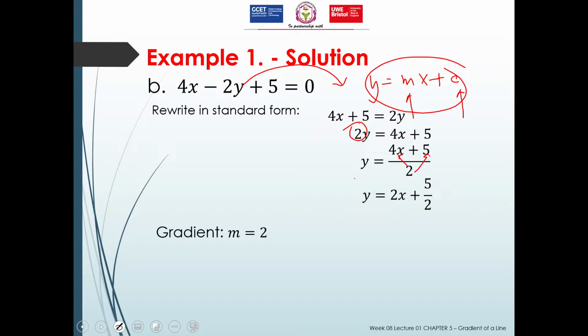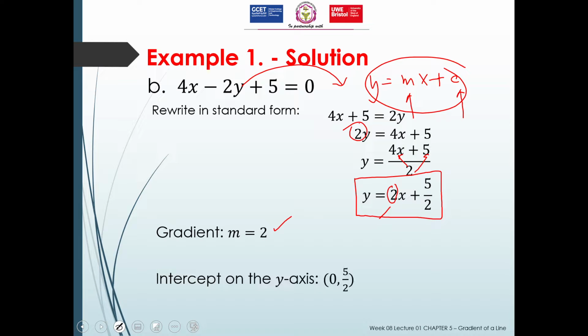So the equation of your line is y equals 2x plus 5 halves. From here, your gradient m equals 2, and the intercept on the y-axis is (0, 5/2). This is your c.